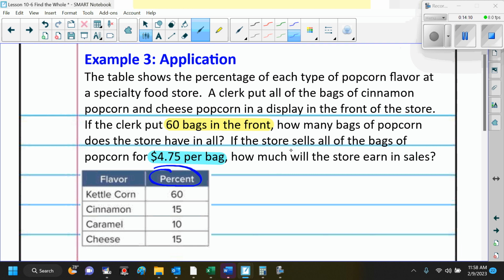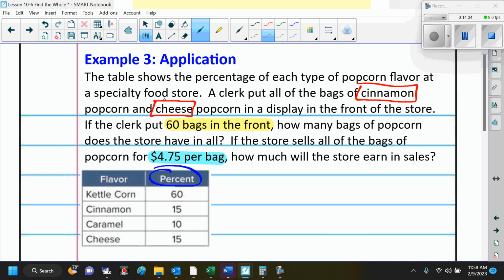What percent of the popcorn did he put in front of the store? Well, okay. What kind of popcorn did he put in front of the store? Kettle. No. All. It says a clerk put all of the bags of cinnamon popcorn and cheese popcorn.